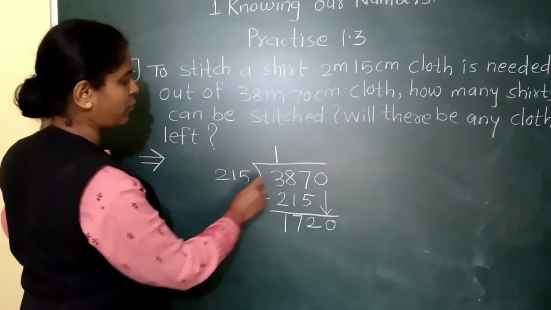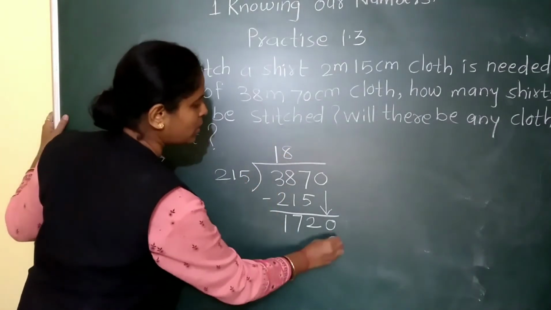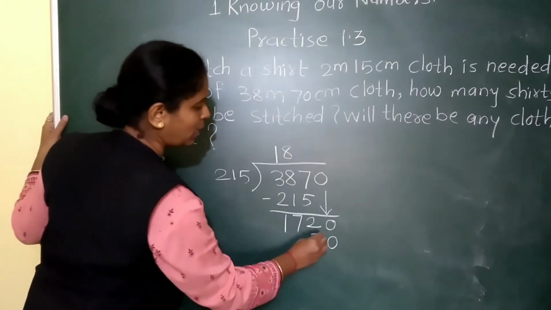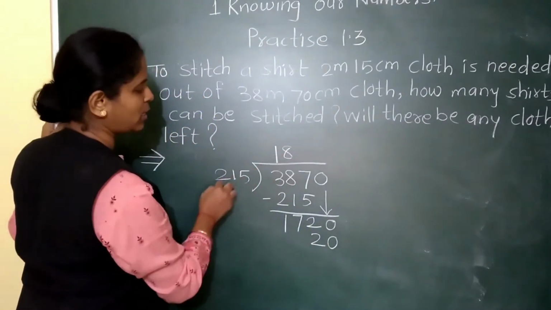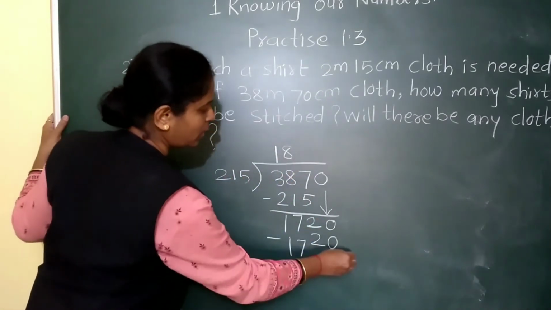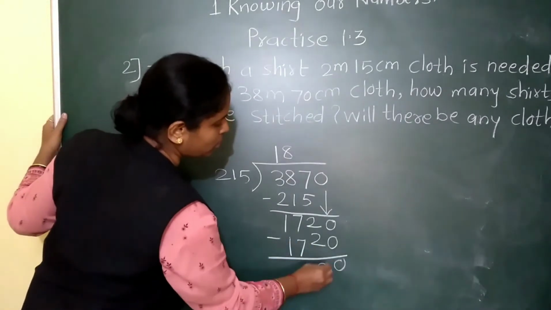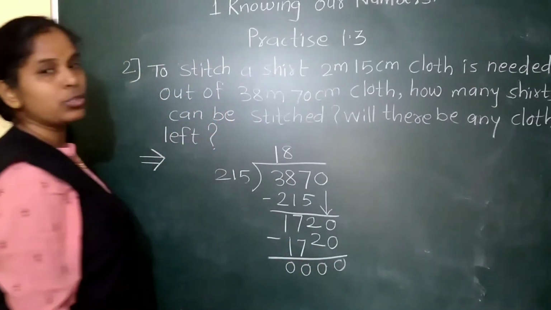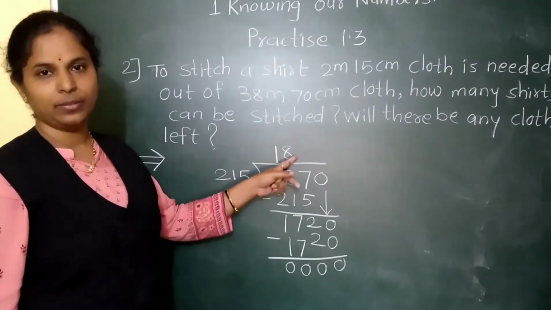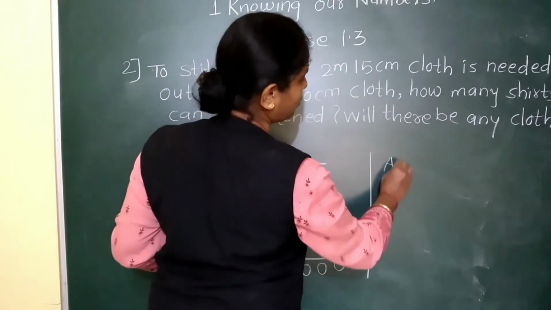See, 215 multiplied by 8: 8 5s are 40, 0, carry 4, 8 1s are 8, plus 4 is 12, carry 1, 8 2s are 16, plus 1 is 17. So 215 8s are 1720. Okay. So how many shirts can we make? 18.